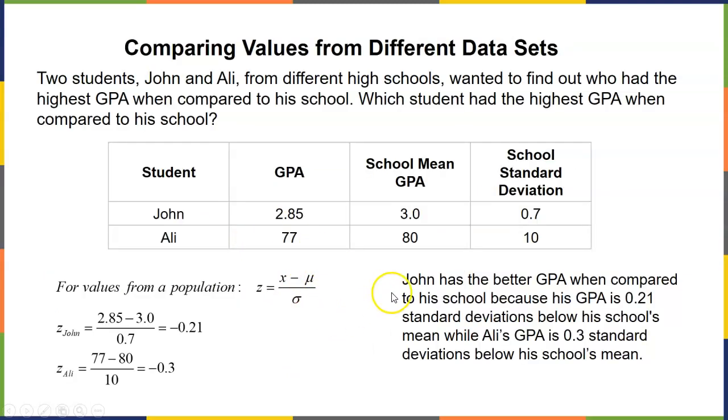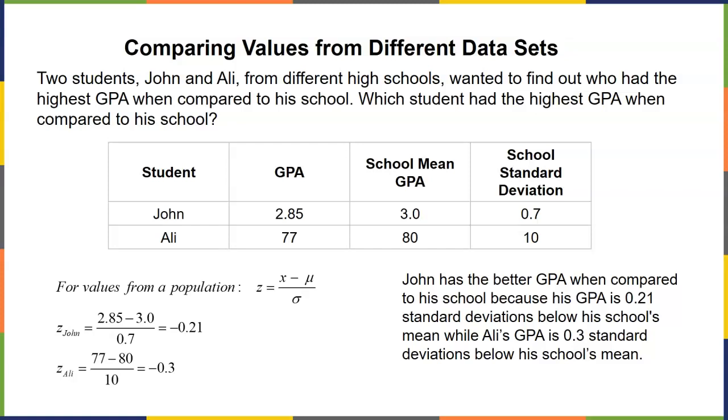And I wanted to show you this last slide because this gives you an idea of why we would calculate the Z. In this case, we have two different kids that go to different schools, and the schools calculate grades differently, right?